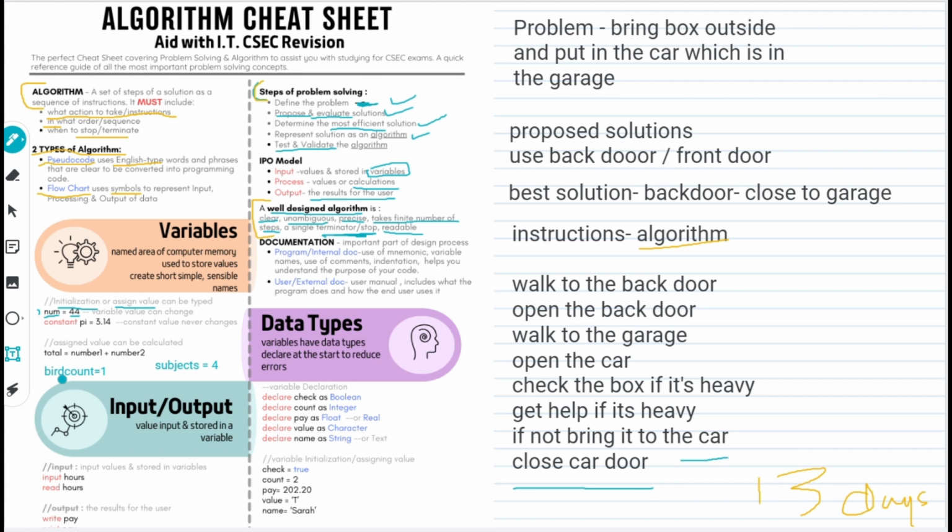Now, when you have variables, you basically have two categories of variable, right? We're talking about an algorithm now. You have variables that will have values that can change during the steps, during the instructions that you're executing.